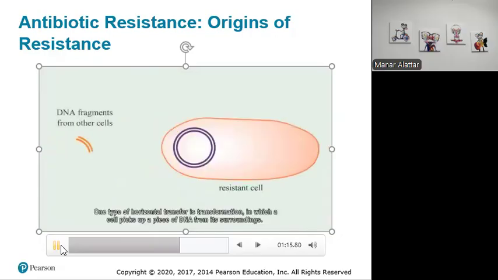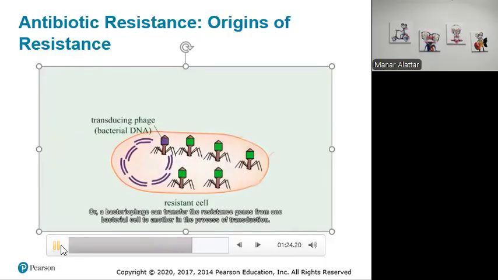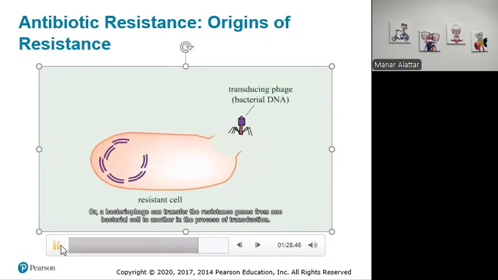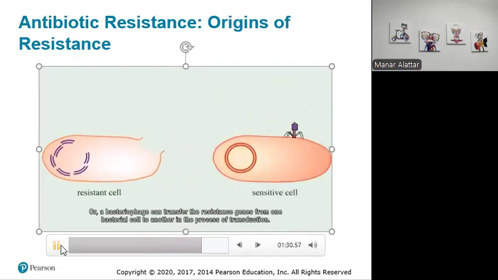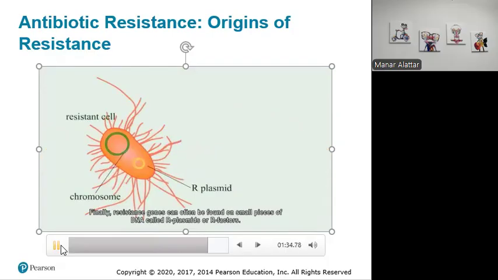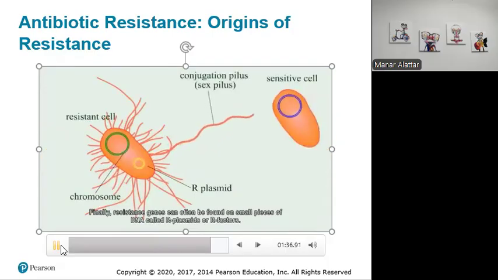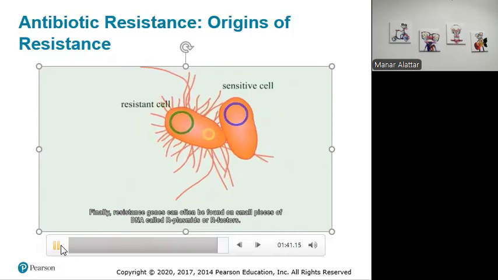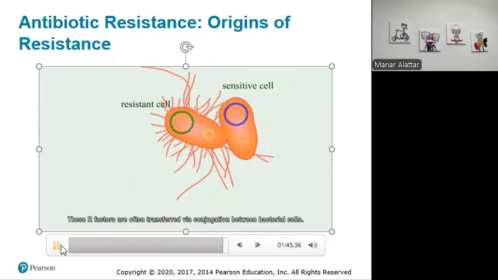One type of horizontal transfer is transformation, in which a cell picks up a piece of DNA from its surroundings. Or a bacteriophage can transfer the resistance genes from one bacterial cell to another in the process of transduction. Finally, resistance genes can often be found on small pieces of DNA called R plasmids or R factors. These R factors are often transferred via conjugation between bacterial cells.